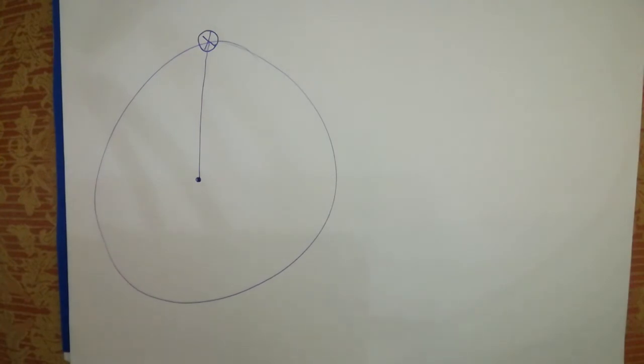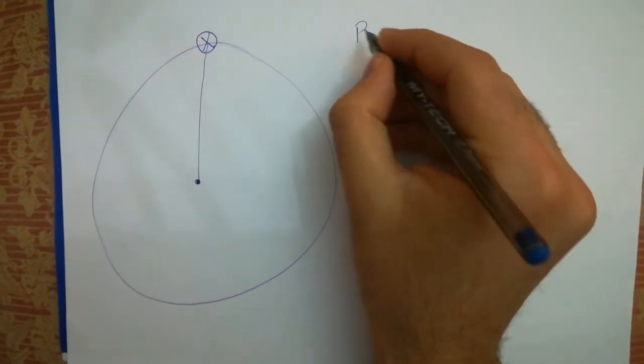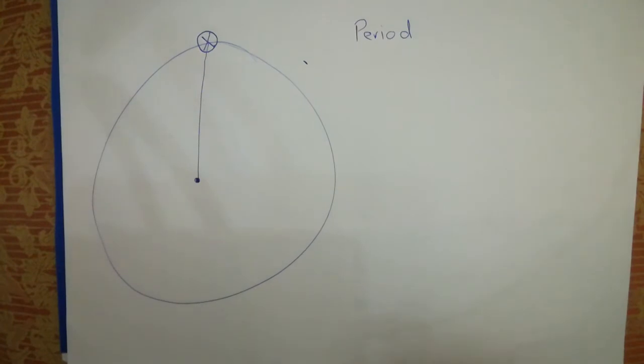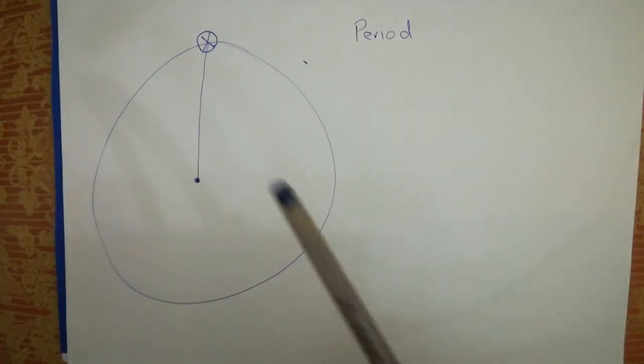So what are these terms? Well, the first term here is period. Now, I don't mean period in the sense of a dot. Period is the amount of seconds it takes to make one complete cycle.